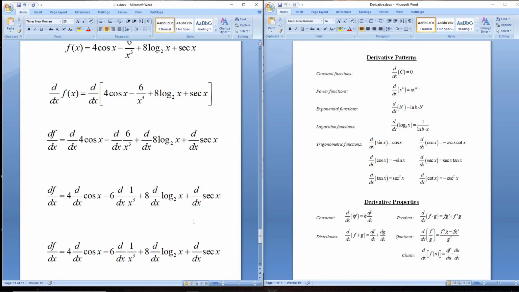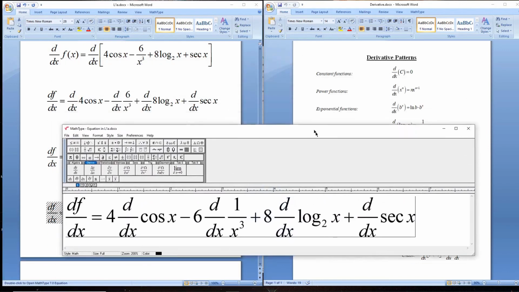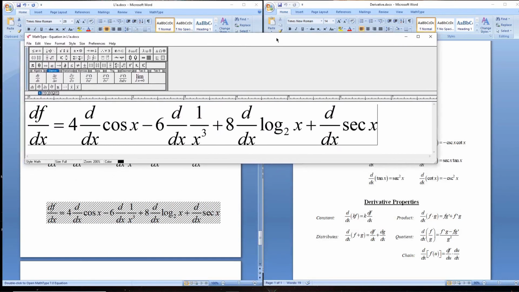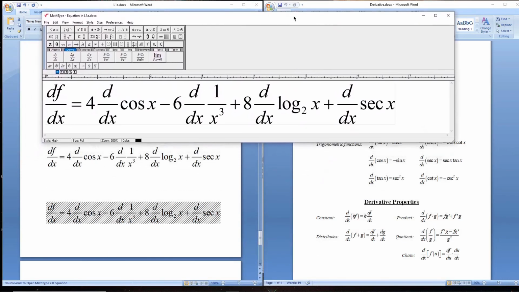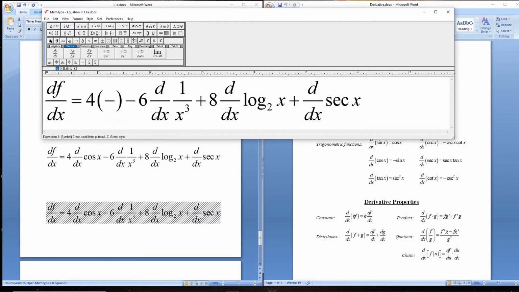And now the next step in being thorough here would be then to do the derivatives. So first off, we have the derivative of cosine. Since you probably haven't memorized that yet, we'll look at the patterns over here. The derivative of cosine is minus sine. So right here, the derivative of cosine is minus sine.